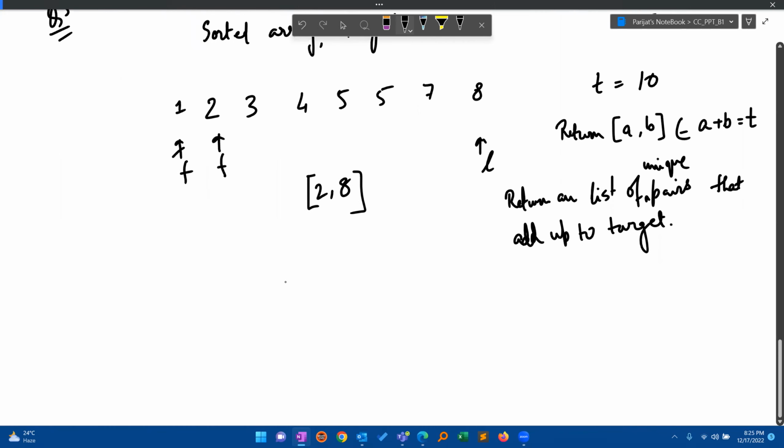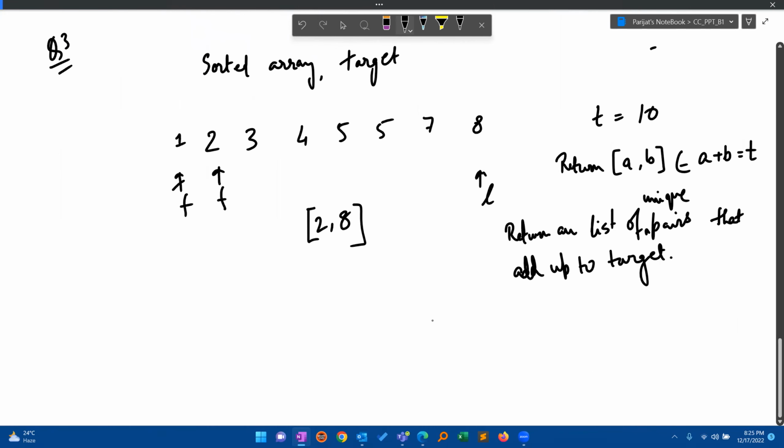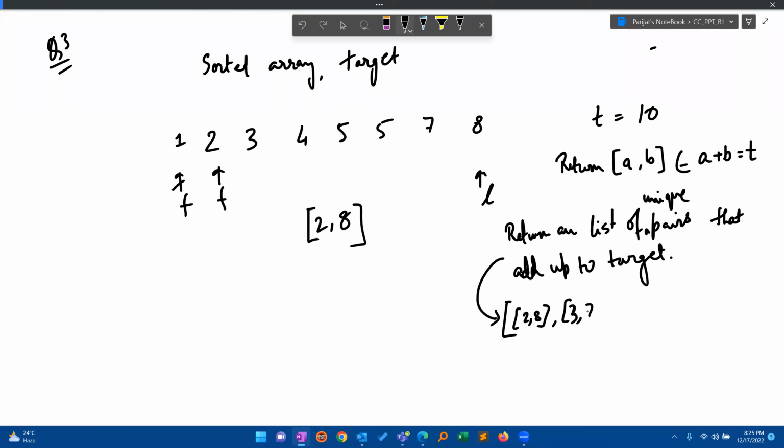Right? So now this is a twist in the tail. So how do you solve the problem now?